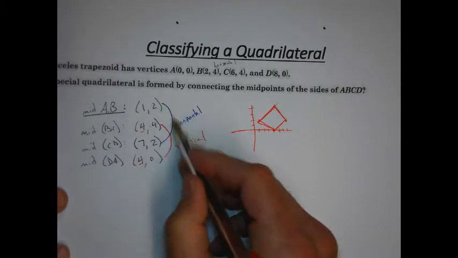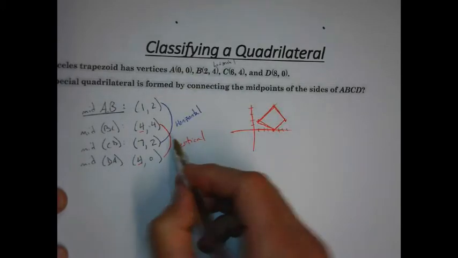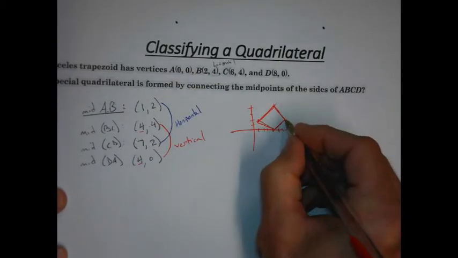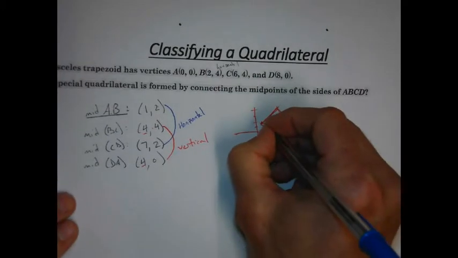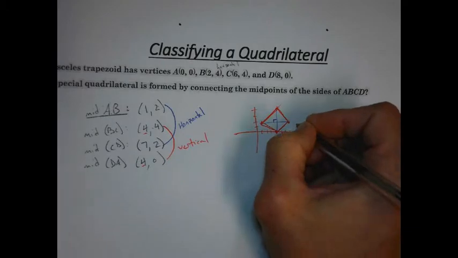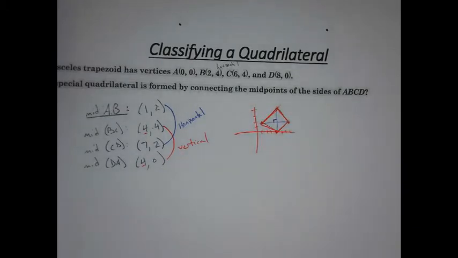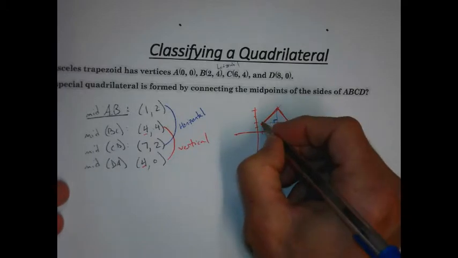But 1, 2 and 7, 2 are not connected. So what do we know? We know that the diagonals are perpendicular. If the diagonals are perpendicular, we have a rhombus. Isn't that strange? So how far is it then from 1, 2 to 4, 4?